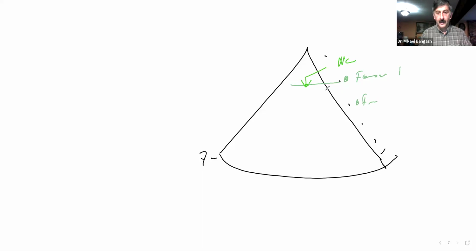And when we focus at this depth here, which we can call focus 2, what did that mean? That there was going to be the point where the beam would be at its narrowest. Did that make sense?